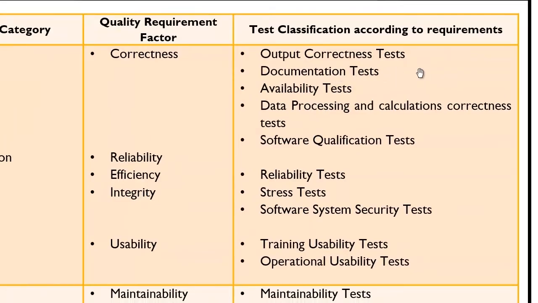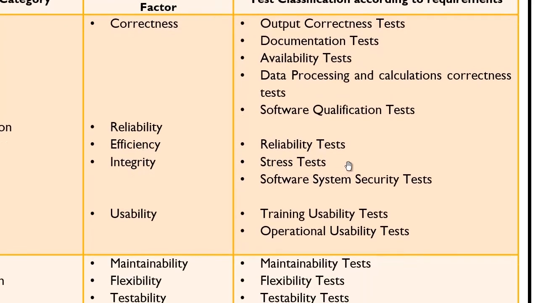Test classification according to requirements: output correctness tests, documentation tests, availability tests, data processing and calculations correctness tests, software qualification tests, reliability tests, stress tests, software system security tests, training usability tests, operational usability tests.